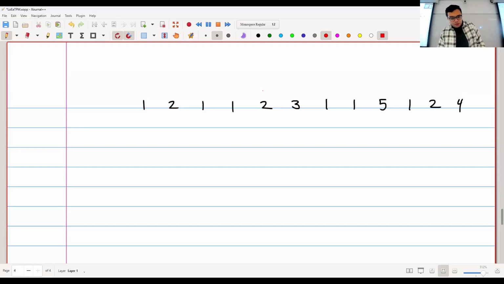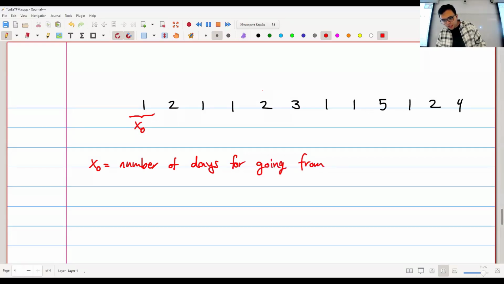Okay, so I'm going to call this first one x0. So x0 is the random variable, which is the number of days for going from 0 types, which basically means I don't have any coupons, to 1 type. And of course, x0 is always going to be 1. And then I'm going to have x1, which is the number of days for going from 1 type of coupon to 2 types.